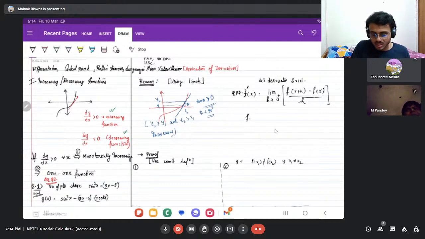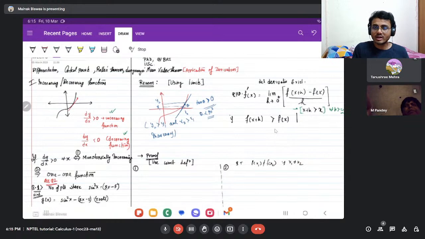So what you see is, you will agree that if f of x plus h is greater than f of x, and x plus h is greater than x, for all h greater than 0, right? There's no doubt regarding this, right?